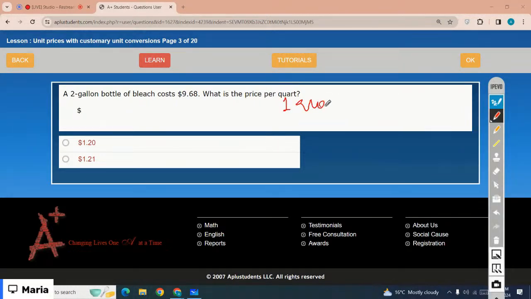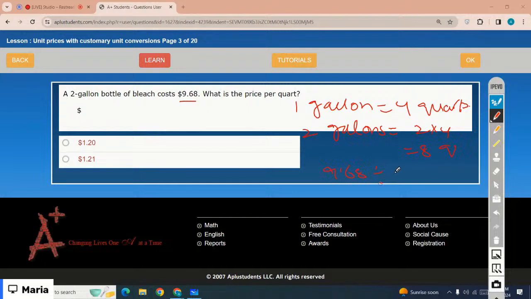So 2 gallons equal 2 times 4, that is 8 quarts, right? So you can now divide 9.68 by 8.